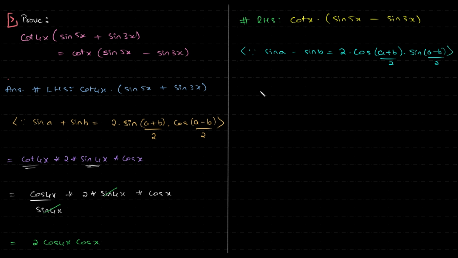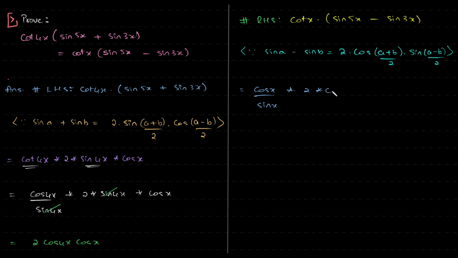So the next thing is applying it, cot x into 2 times of, okay, you know what, since I already know that I'm going to cancel something, cos x by sine x into 2 times of, now this would be sine of 4x, right?